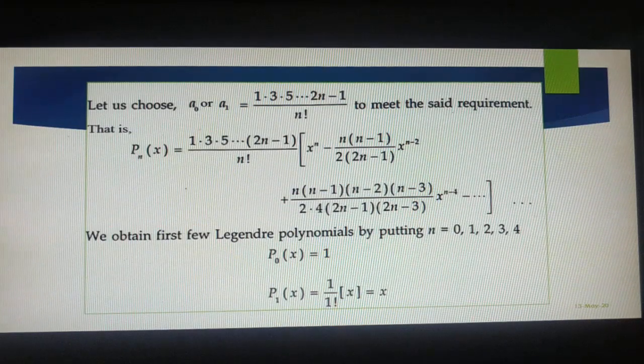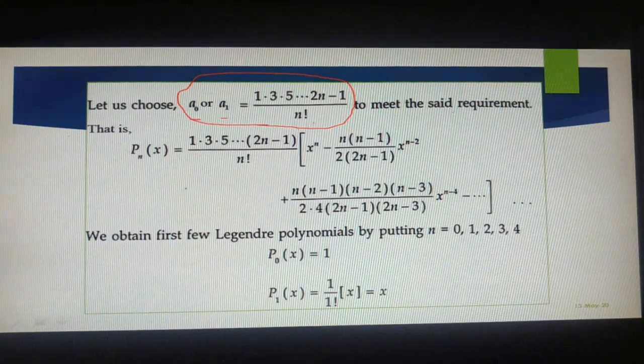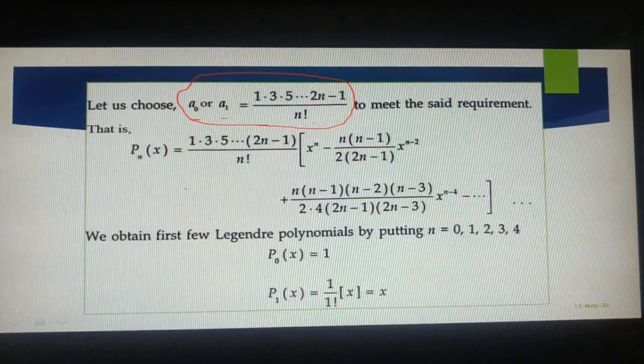See, I'm choosing some value either in place of a0 or a1. Don't ask me how you came to know this value. Legendre did it by trial and error method.